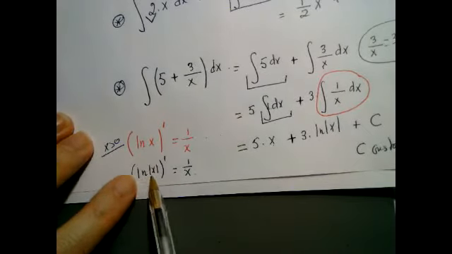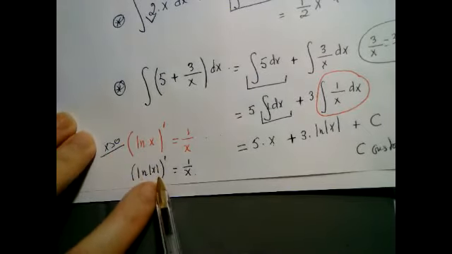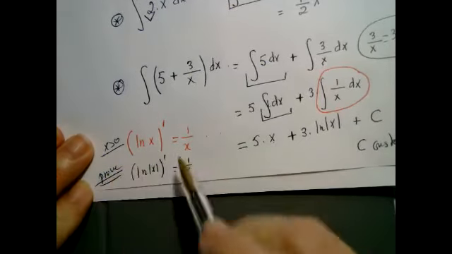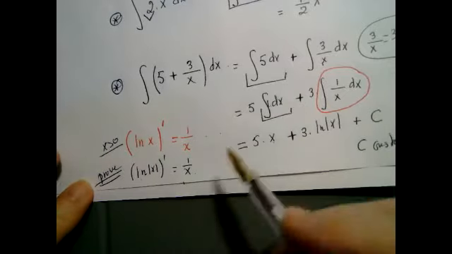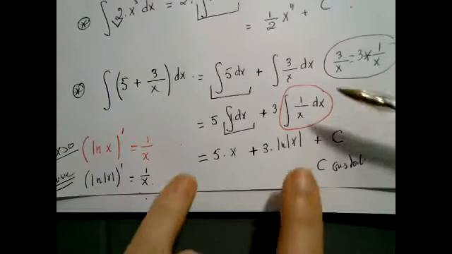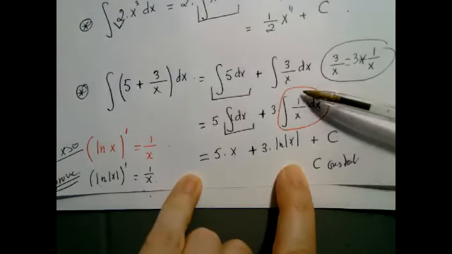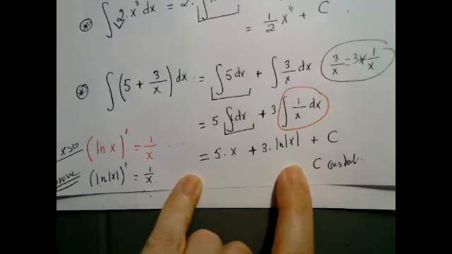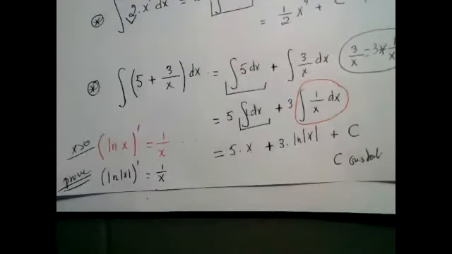Even if I put the absolute value of x, we can prove that the derivative is also 1 over x. And since we always try to find the most general answer, the antiderivative of 1 over x is ln of the absolute value of x. Okay? All right, thank you.